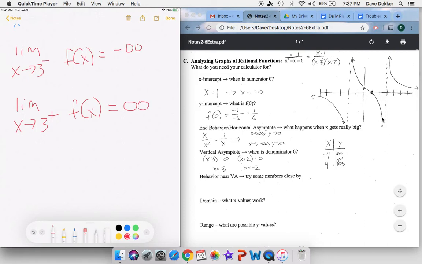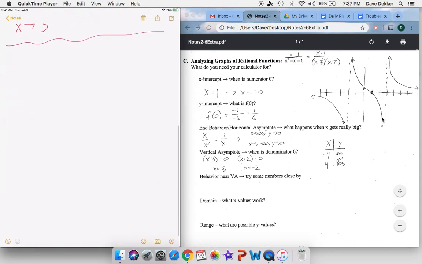All right, so that was kind of a tough one. That was a long section, but now we can move on to some things that hopefully will go a little bit faster. So if we look at the domain, what x values work? Well, really, we want to look at what x values don't work, and we've kind of touched on them already. It's -2 and +3. So for the domain, there's lots of ways you can do this. If we're going to do interval notation, we're starting at -infinity.